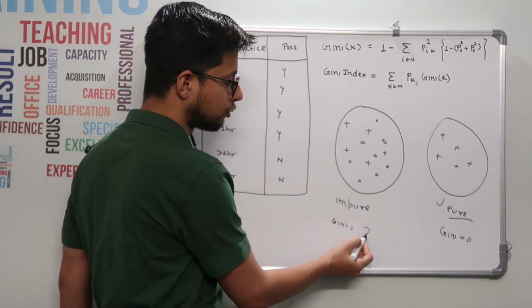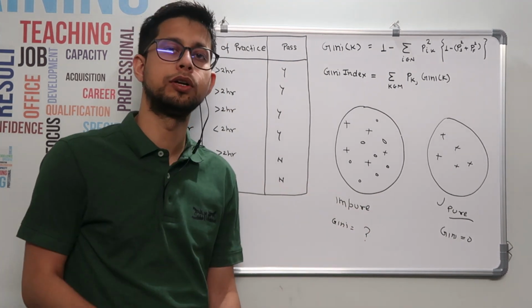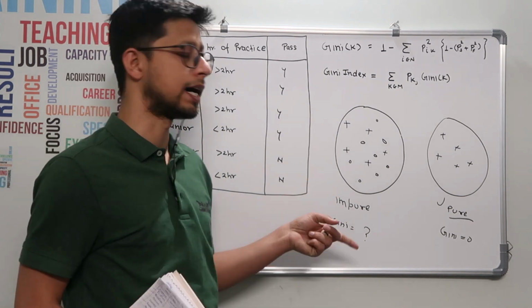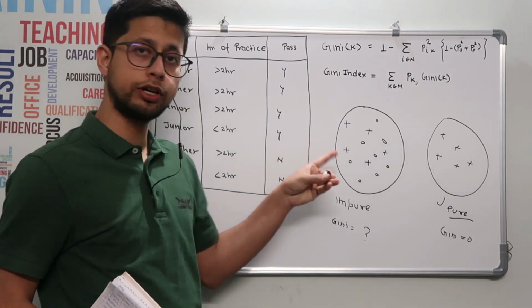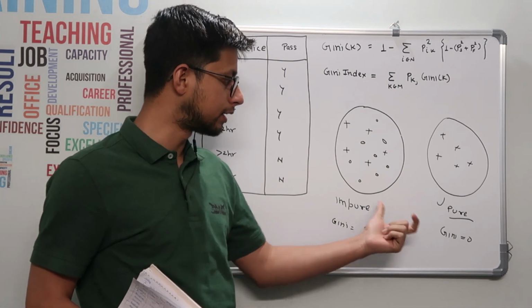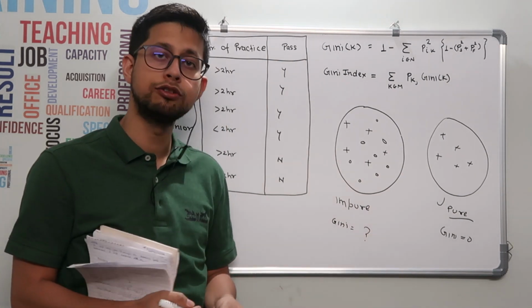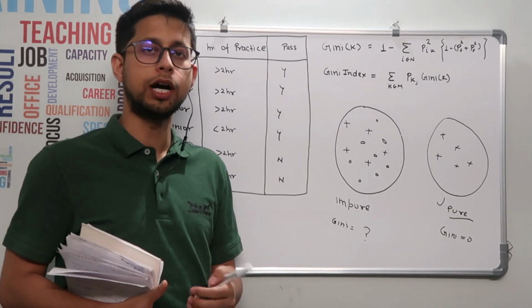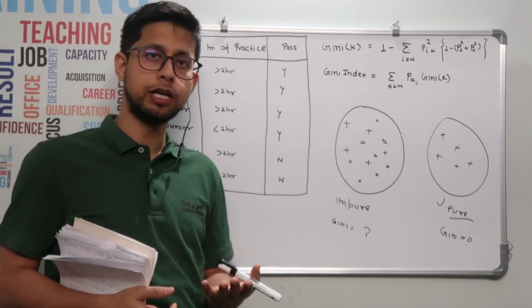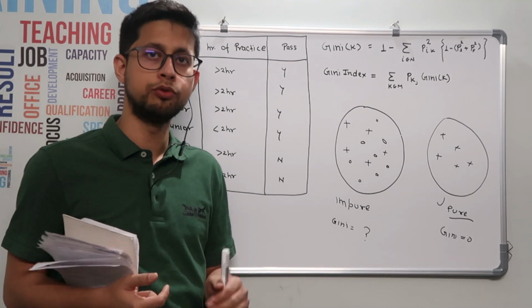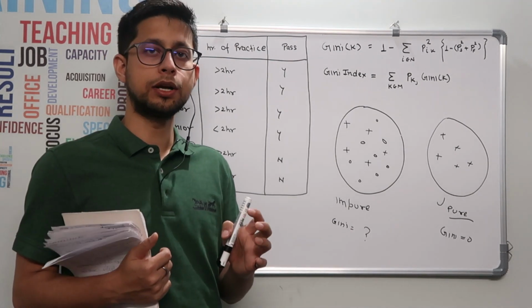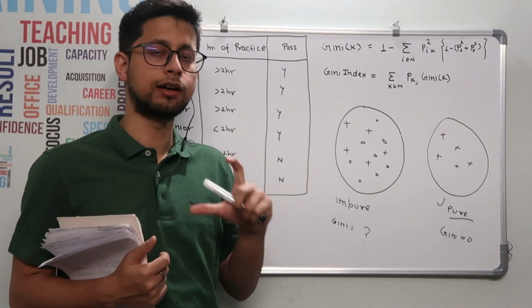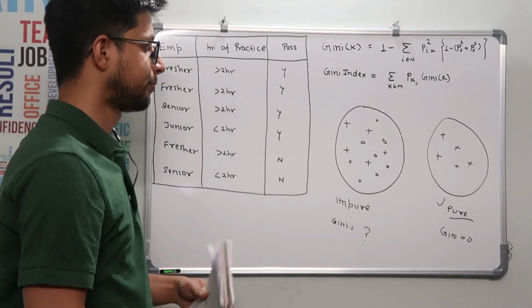We will see how to calculate it when a node contains both classes. So this is a little bit about what Gini is. It tells you how much impurity a node contains, or how pure a particular node is. If the Gini value is 0, then that node is pure. Pure means that node contains only one class.